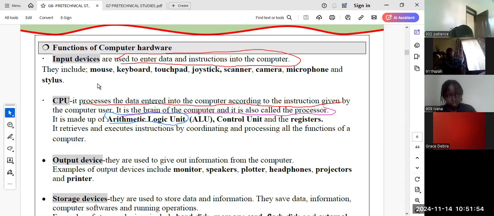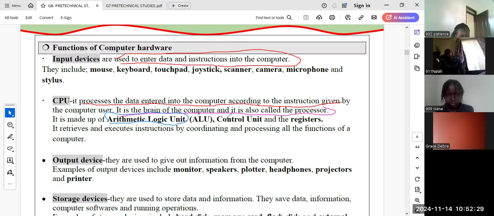Let's say I had opened a browser, maybe Opera Mini or Chrome. Then again, I minimize, I go back, I open a game, I minimize, I go back and open something, maybe a Word document, an Excel sheet, or I want to work on something else. All these processes and activities are being controlled by the control unit, a component of the central processing unit. So you should know that the CPU is divided into 3: the arithmetic and logic unit, the control unit, and the registers.